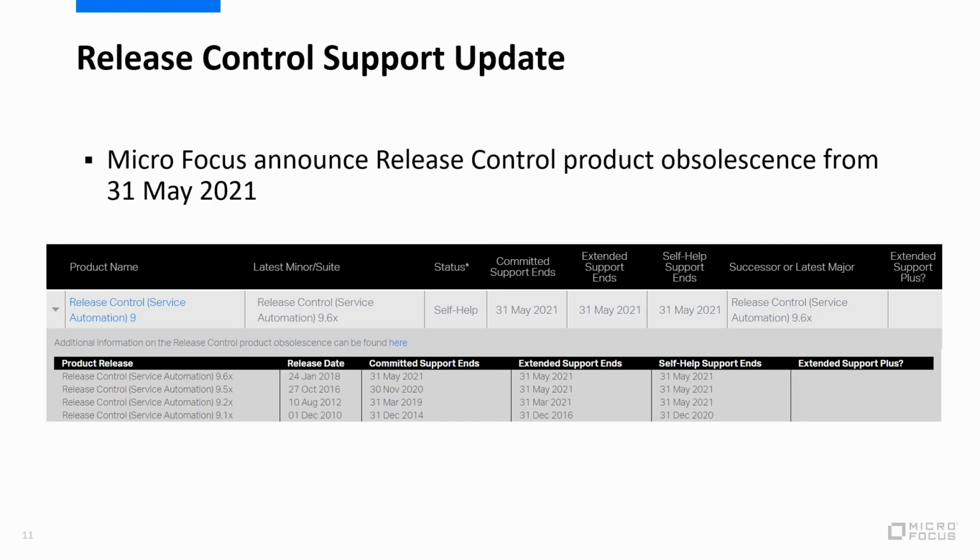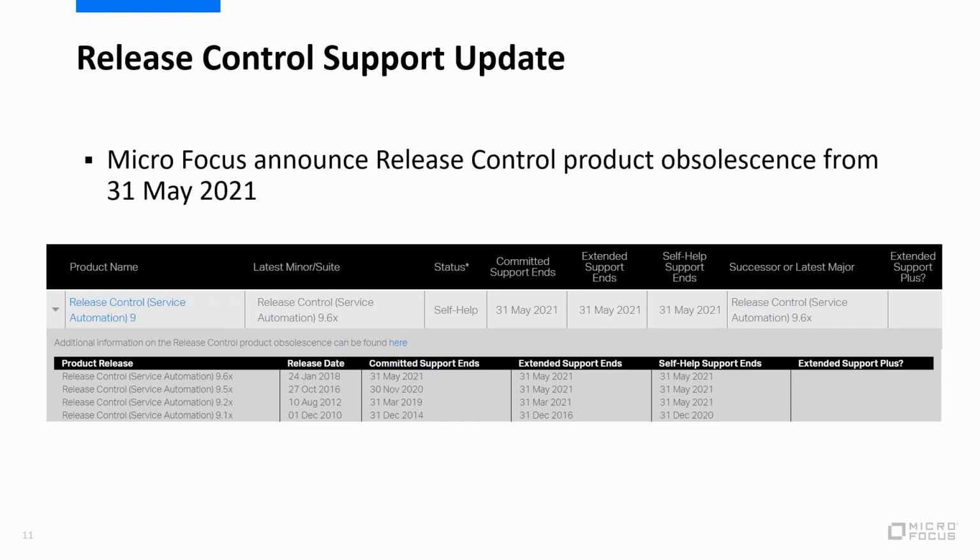So as you can see, the corresponding support dates have been updated accordingly across multiple versions of the release control. And as you know, from Service Manager, I can't remember the exact version, maybe from Service Manager 9.62, we already offer the native release control capability inside of Service Manager.